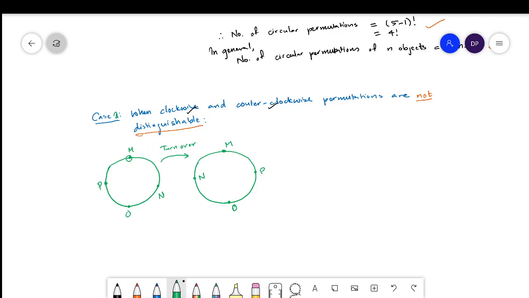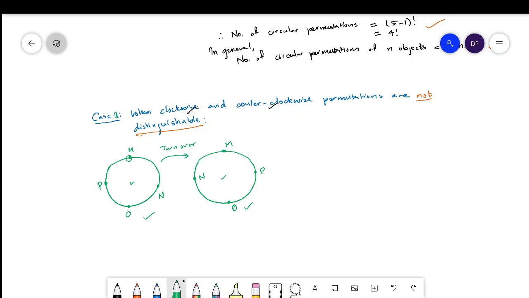But here, these two arrangements are the same in the sense that we cannot distinguish between the clockwise and counterclockwise permutations. If we put this garland around our neck, or put this garland around our neck, we cannot distinguish these two arrangements.